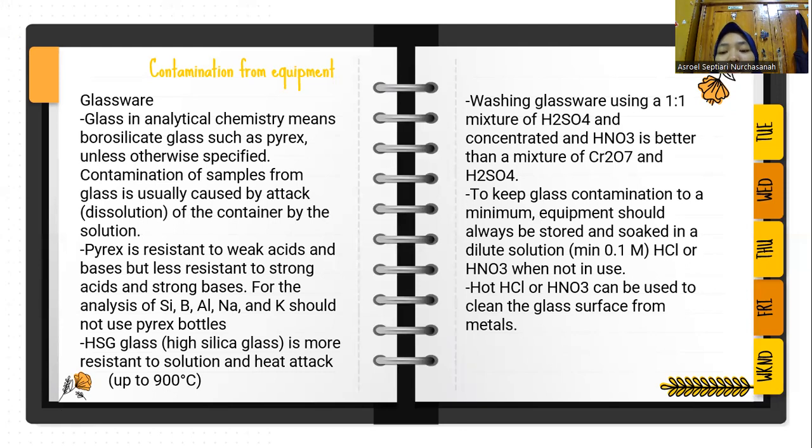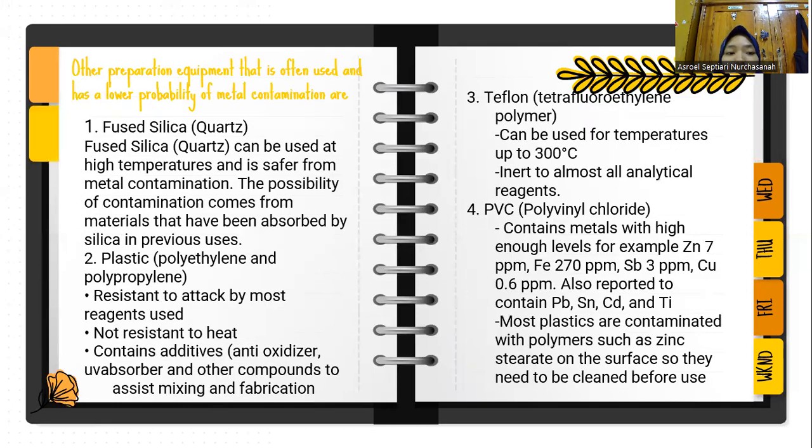To keep glass contamination to a minimum, equipment should always be stored and soaked in a dilute solution, around 0.1 mol HCl or HNO3, when not in use. Hot HCl or HNO3 can be used to clean metals from the glass surface.